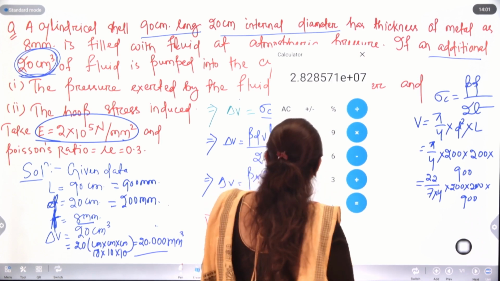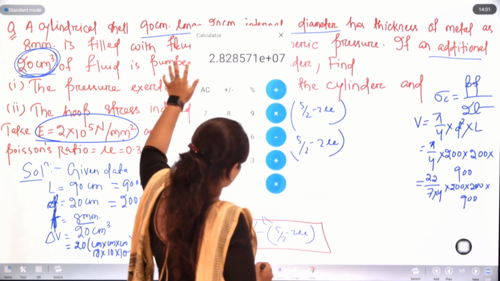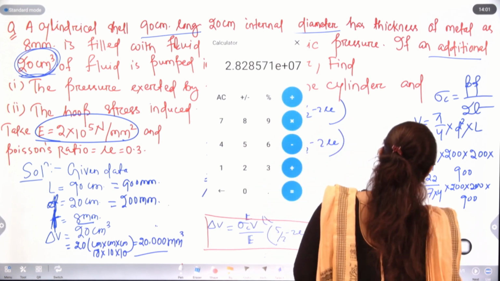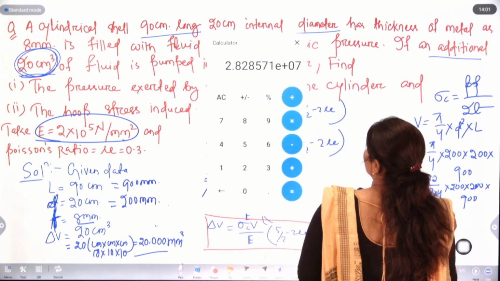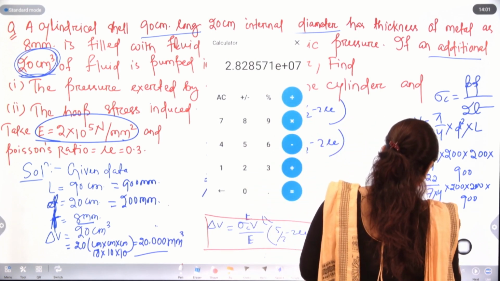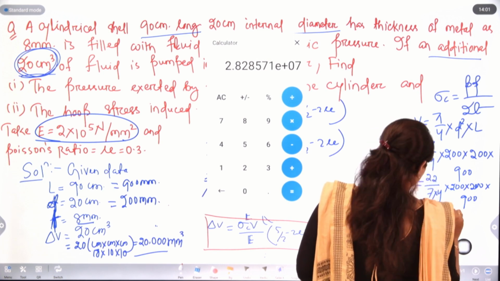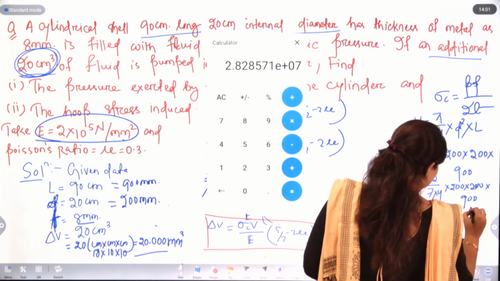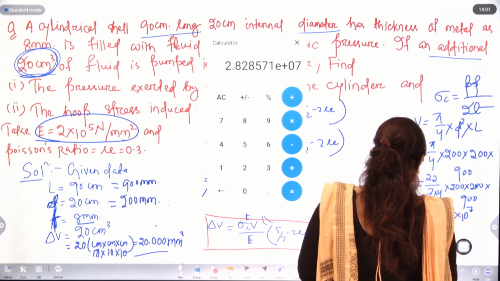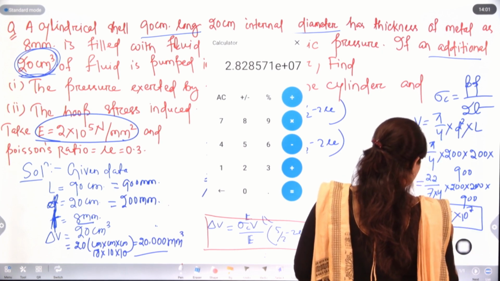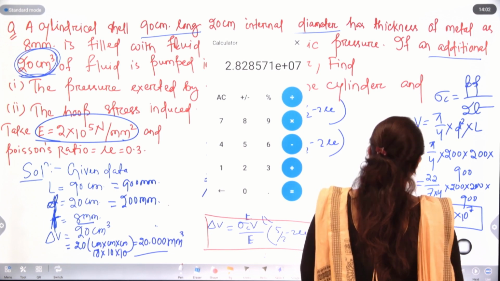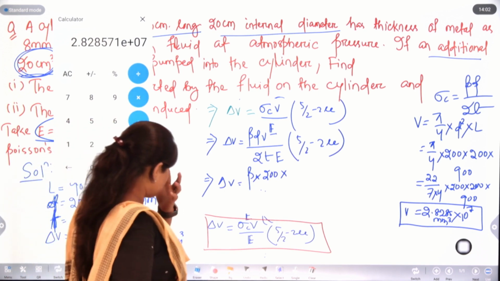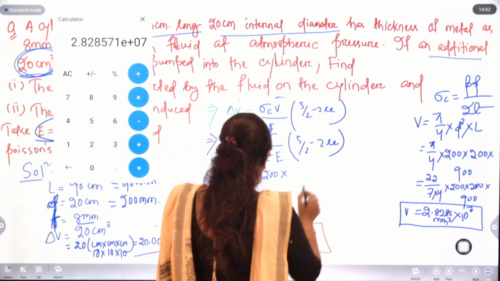So volume will be 2.8285 into 10 to the power 7 in mm cube, right? So we got the value for volume here.